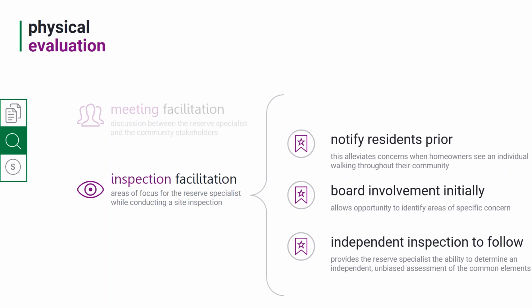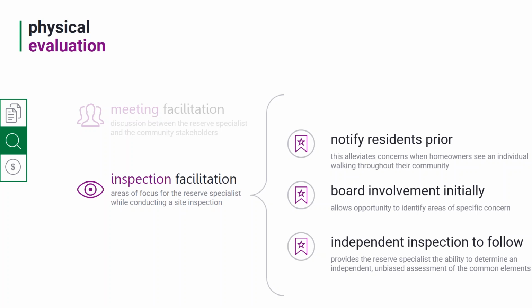And then with those community stakeholders, board involvement, when they have known complaints or issues, hey, we're really worried about these balconies on this building, or we're really worried about this section of the perimeter wall, it's leaning. That's great, good information for them to point out or take the reserve specialist over to.